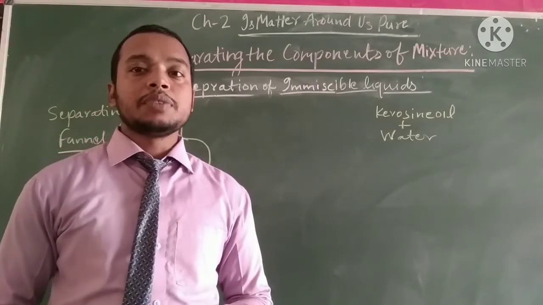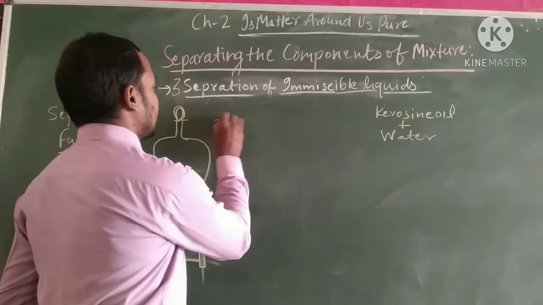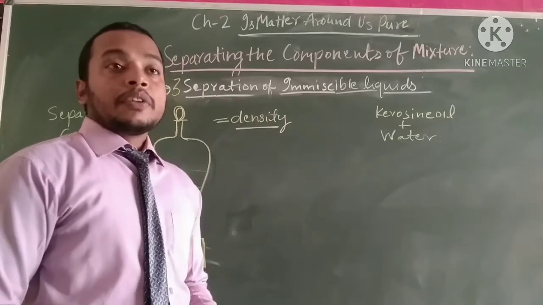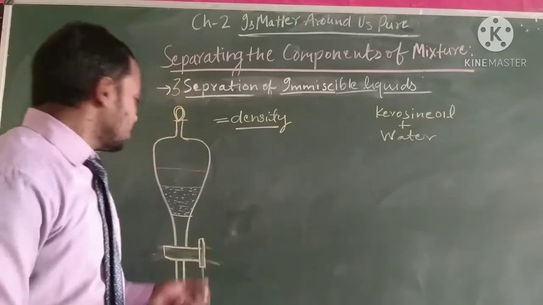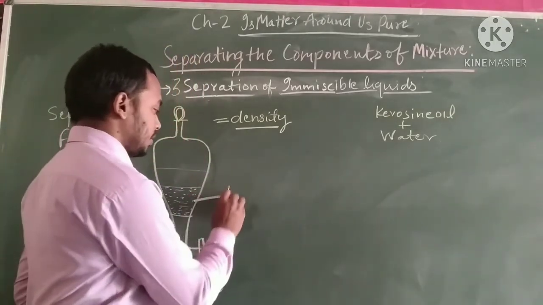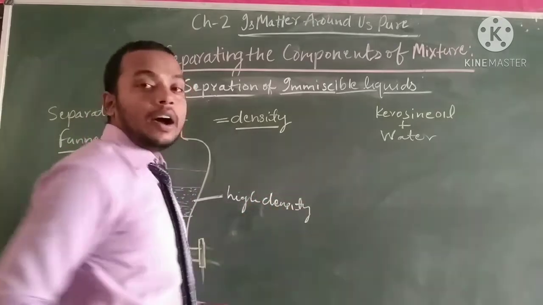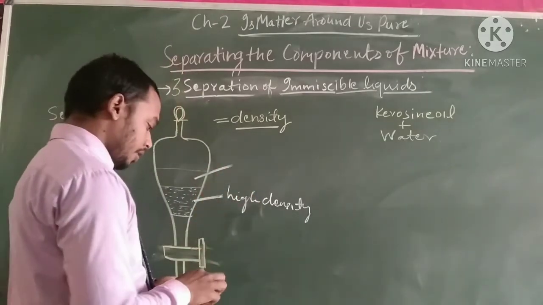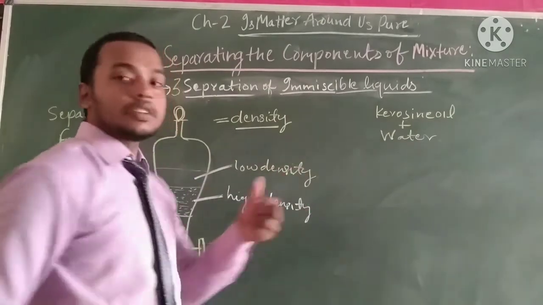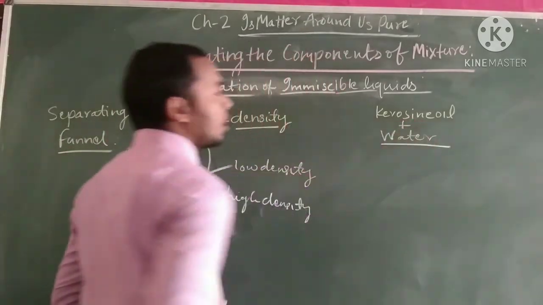We separate in an easy way, and this separating funnel works on the basis of density. The liquid which is on the lower side has high density, and the low density liquid is on the upside. Here we have taken a mixture of kerosene oil and water.